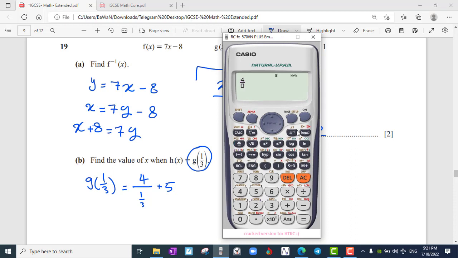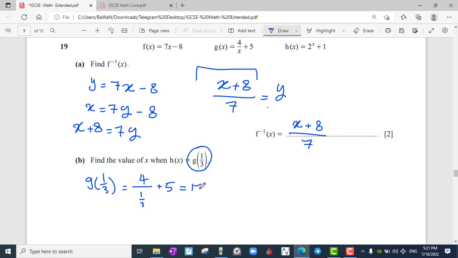Fraction 4, or let's use division, 4 divided by 1 over 3, plus 5. That's 17. So all you have to do is solve h(x) equals 17. We got this from g(1/3).